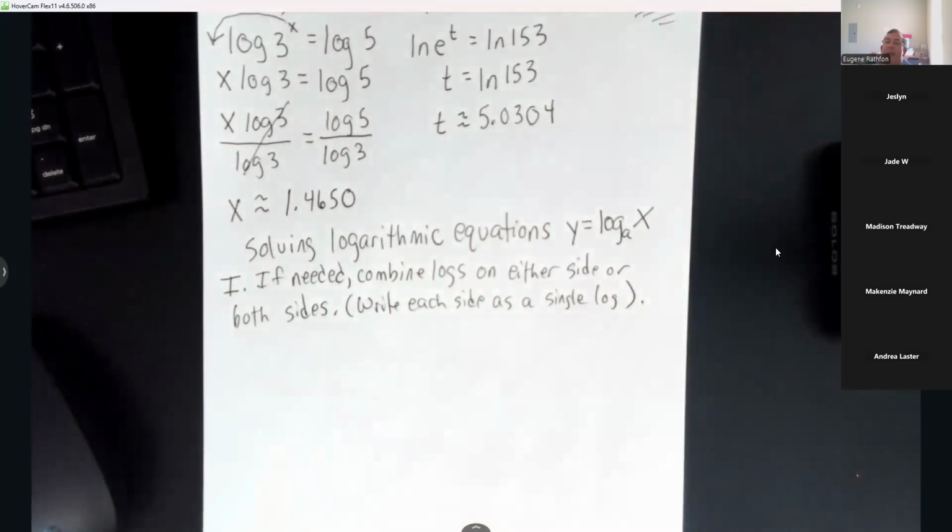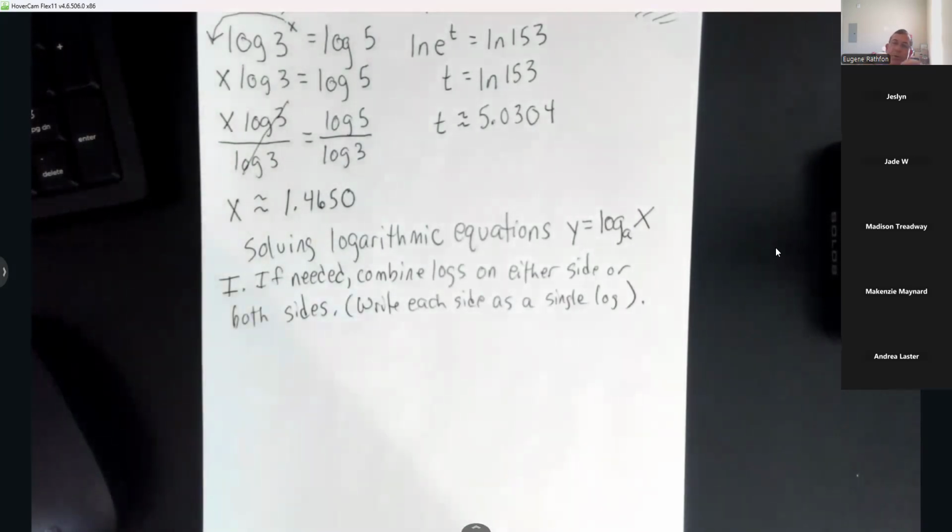So what I mean is, if I have 2 logs being added, I can rewrite them as a product. Remember, we had a product rule of logarithms. So if they're being added, I can combine them as a single product. If they were being subtracted, I rewrote them as a single quotient. Okay? Remember, the positive factors went to the top of the fractions, and the ones being subtracted always went to the bottom of the fraction. So that's what I'm talking about. I'm looking at either side of the equals to see if they have more than one log, okay?